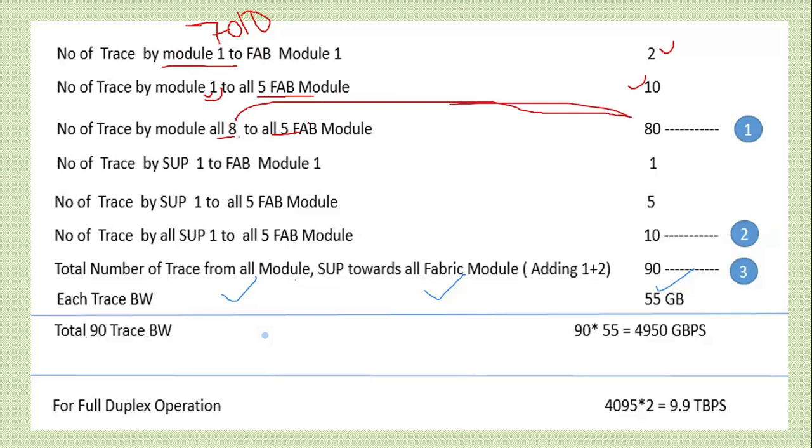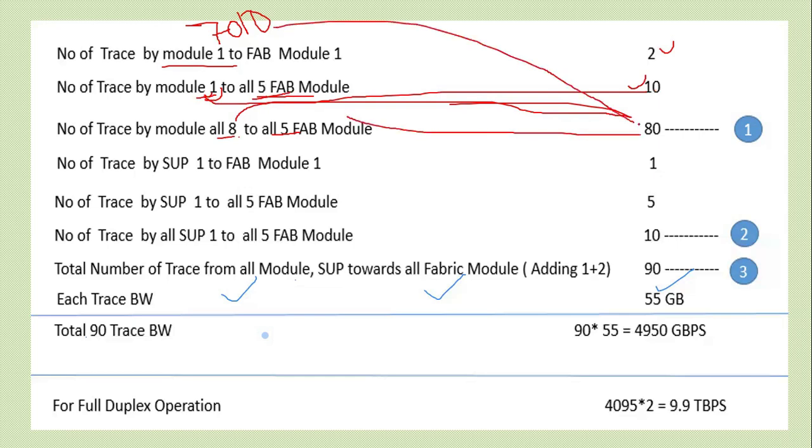In simple language, I have one line card and 5 fabrics. So how many traces? In one line card, we can get 10 traces, right? And if I have 8 line cards, I will get 80. Suppose I'm using the 7009, in this I will use 7 line cards, so I will get 70, right?